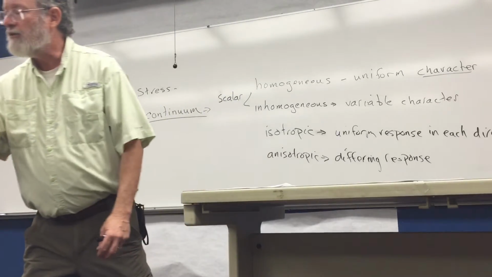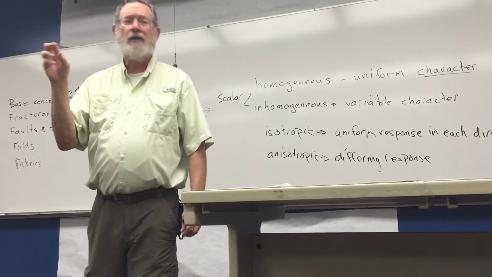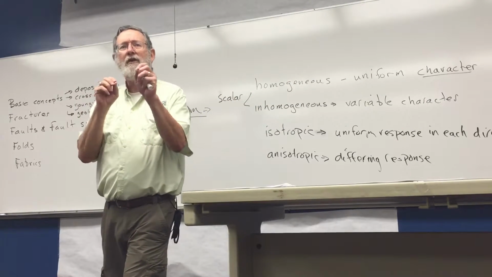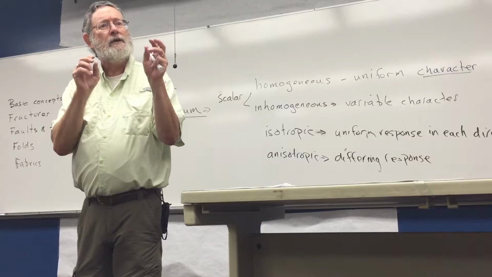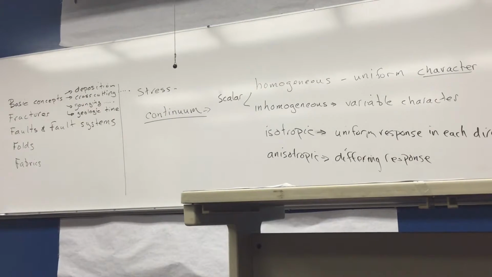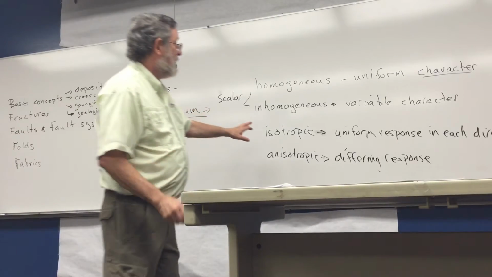If you get down to the crystalline scale, you're going to say it is incredibly inhomogeneous. So it's going to depend on scale. Typically, when we're dealing with loads, we're going to treat granite as relatively homogeneous. We're also going to treat it as relatively isotropic.